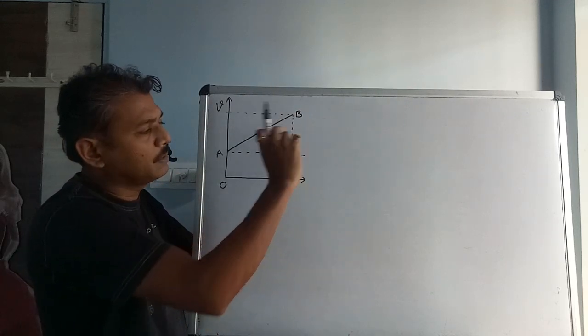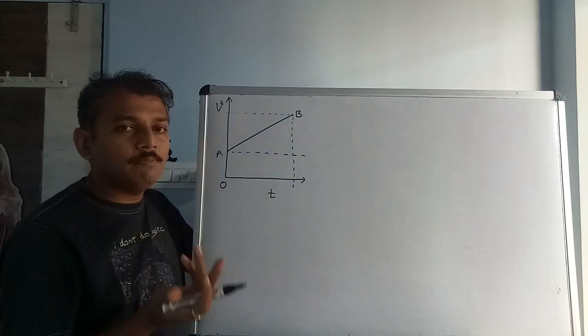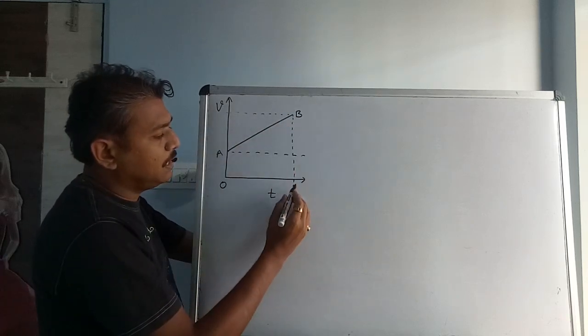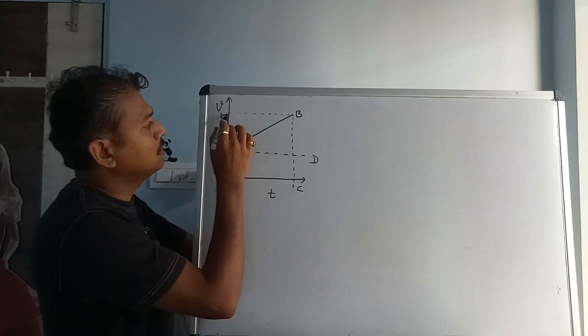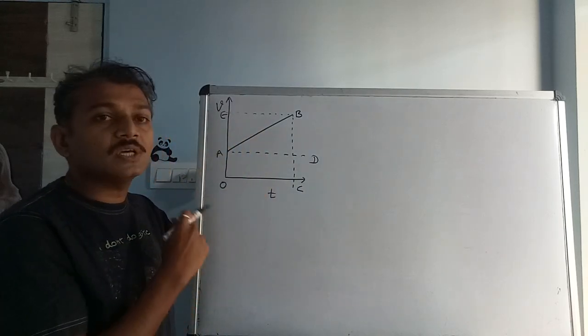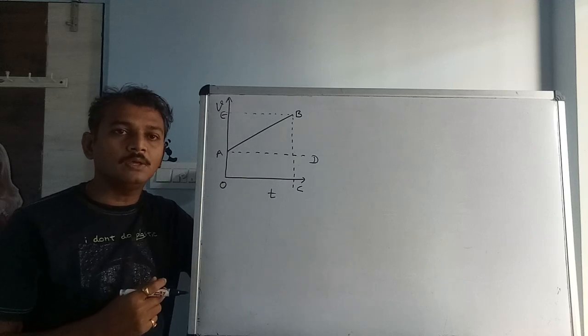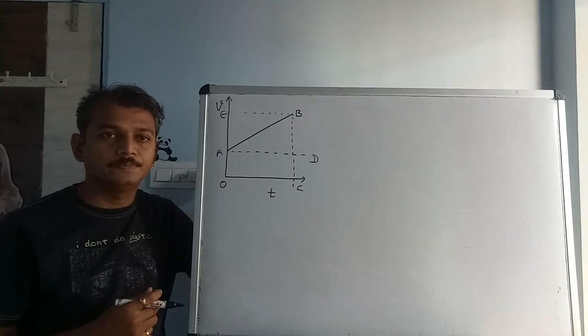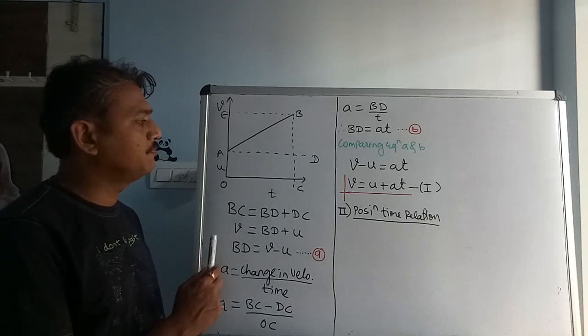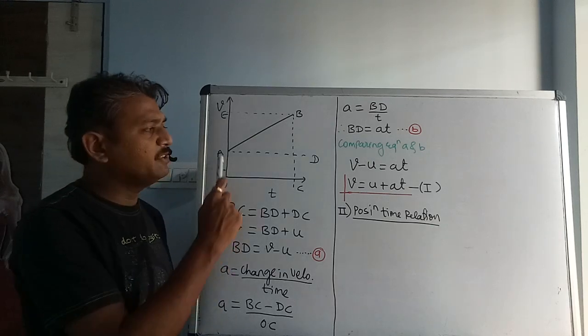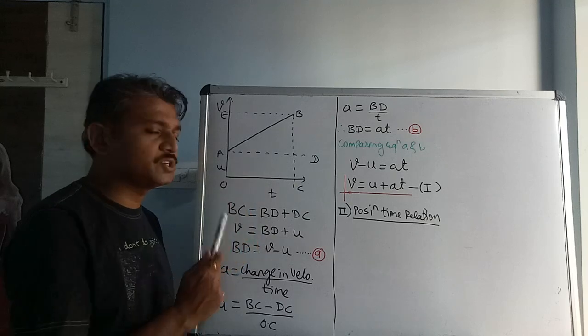Now we'll name them. As this is B, I am continuing here with C, this is D and this is E. So now this is the construction. So the first equation of motion we are talking about, that is velocity-time relation. I have explained you the graph construction.